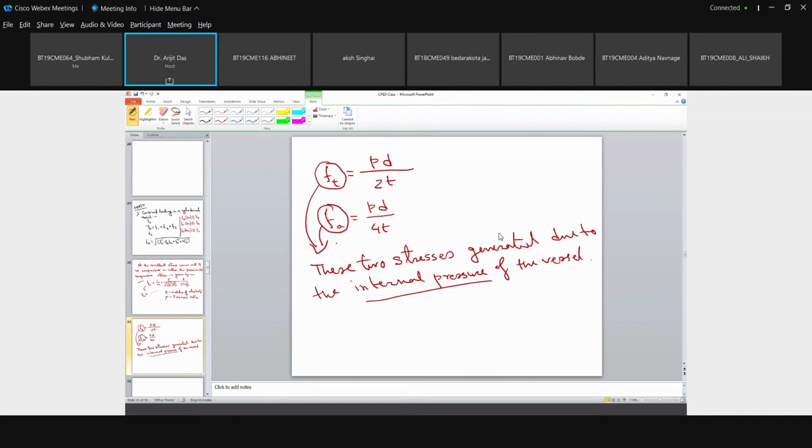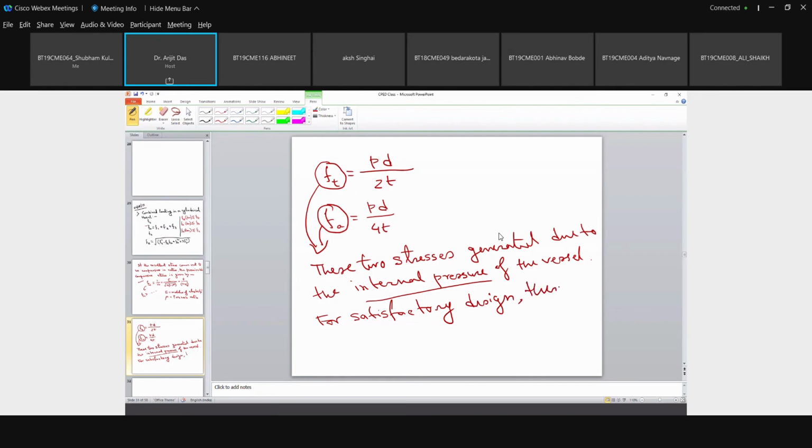Now, these two stresses have to be resisted by the material for a satisfactory design.